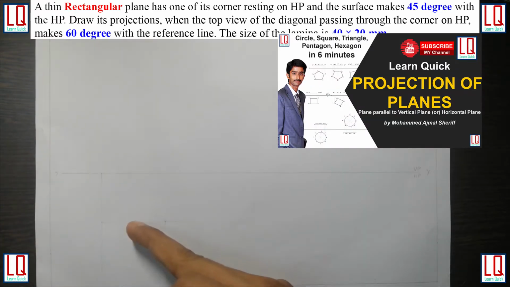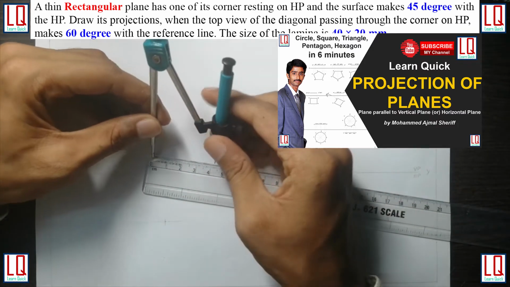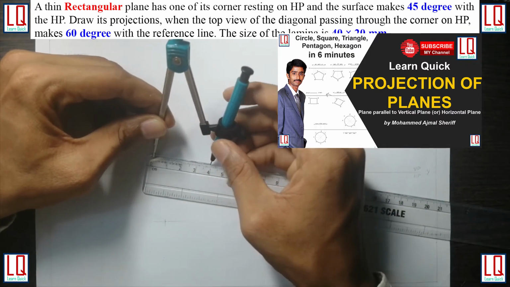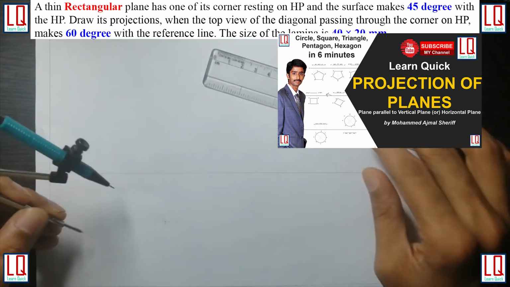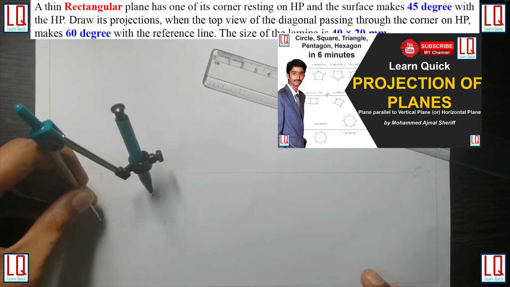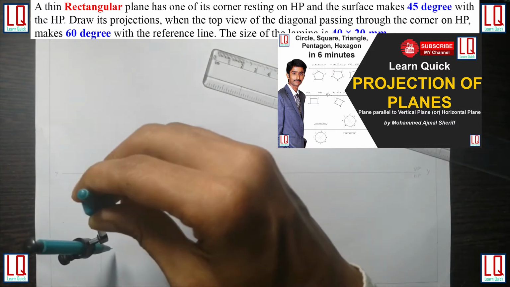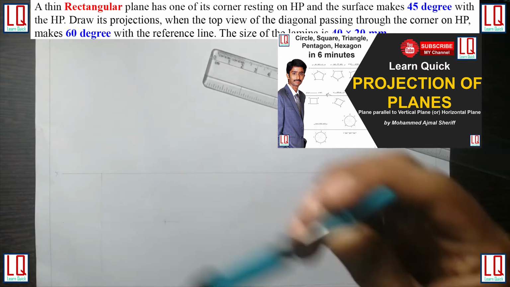Now I am going to draw the rectangle here by measuring the given side length 40 mm. So I mark the 40 mm here. Similarly, on the other side I mark 40 mm.